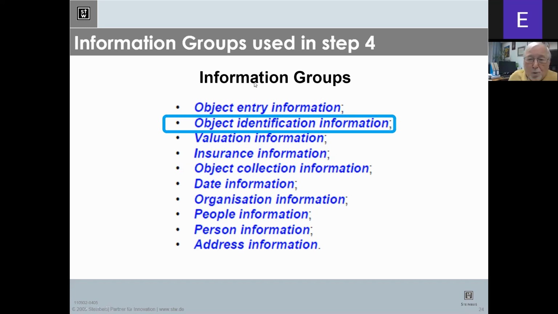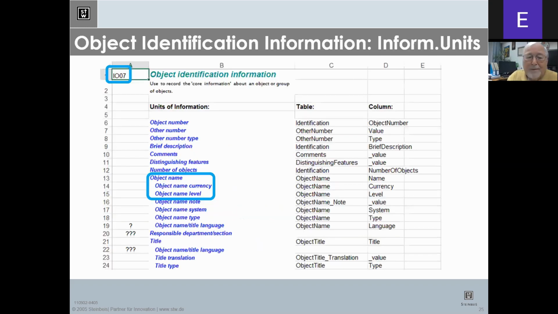Information groups is the next level: object entry, object identification information, valuation, insurance, collection, data information, organization information, people information, address information, and I would add here now digital information. That is where you have 3D reconstruction, you have audio, smelling probably, you can also digitize if you want, and other things. So these are things to come.